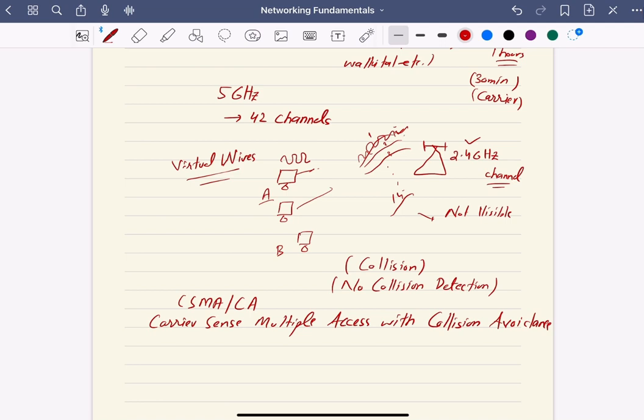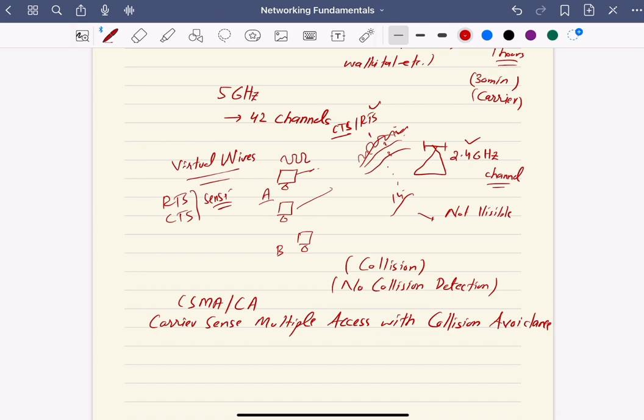First of all, you remember RTS and CTS: it will make a handshake, sending RTS, request to send, and then it will receive CTS, clear to send. What is that? It is basically sensing, making very sure this channel is not occupied by any other computer. This is basically CSMA, the collision avoidance method.